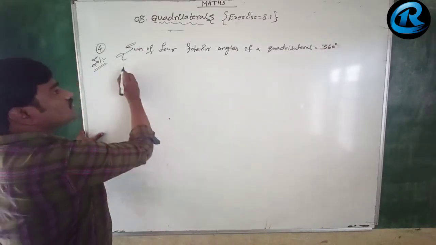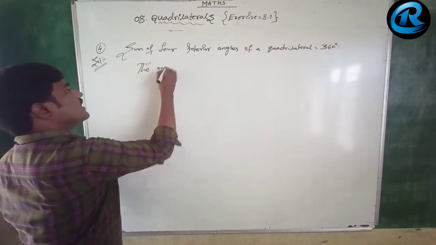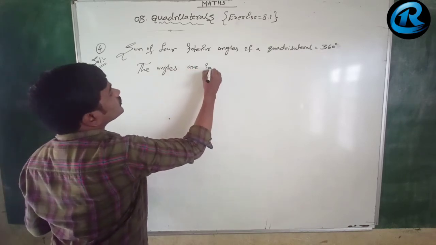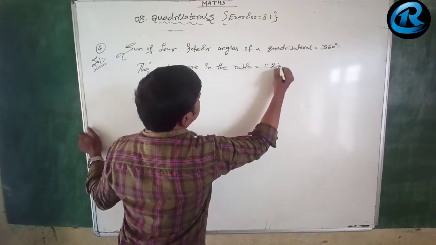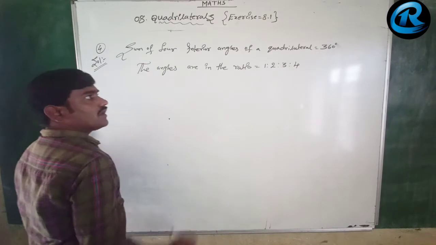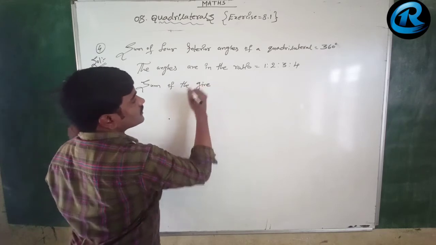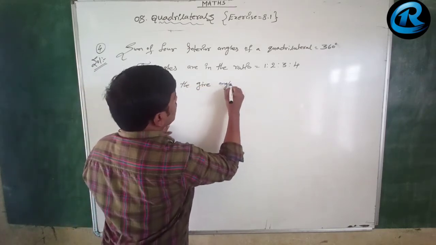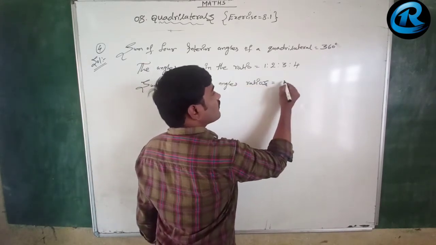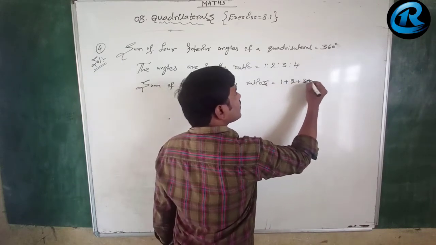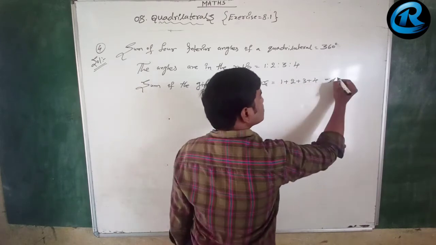Now the given ratio of the angles is 1:2:3:4. Let us do the sum of the given ratios: 1 plus 2 plus 3 plus 4. That equals 1 plus 2 is 3, 3 plus 3 is 6, 6 plus 4 is 10.